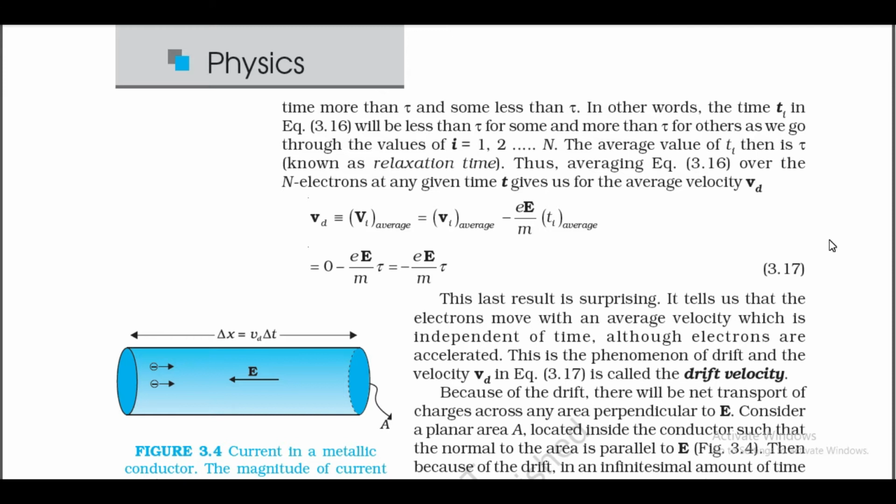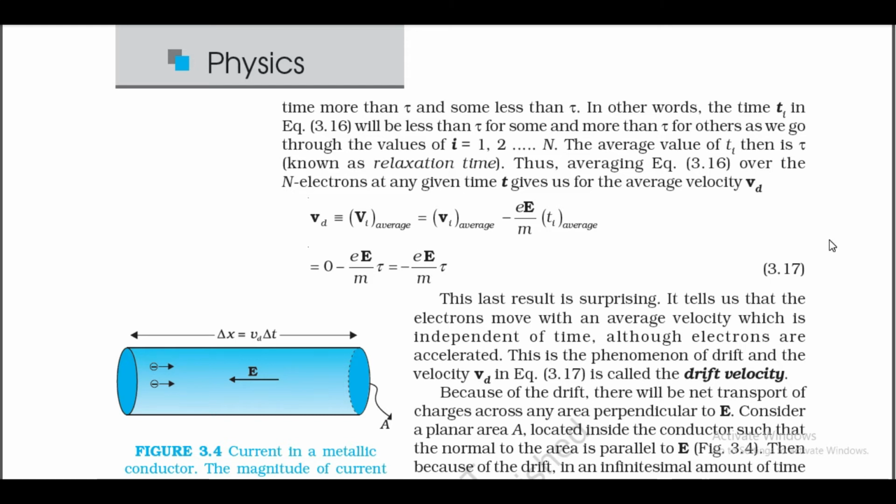Thus averaging equation 3.16 over the n electrons at any given time t gives us for the average velocity v_d: v_d = average of V_i = average of v_i minus eE divided by m times the average of t_i, which is 0 minus eE divided by m times tau. So v_d = -eE tau divided by m.